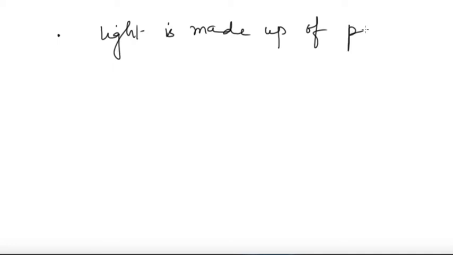It showed that light, which we thought of as a wave, is actually made up of particles. Light is made up of packets of energy and momentum, particles called photons.